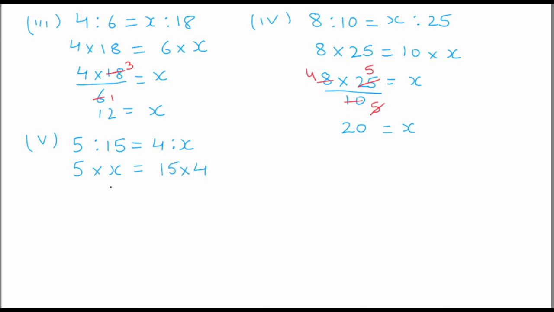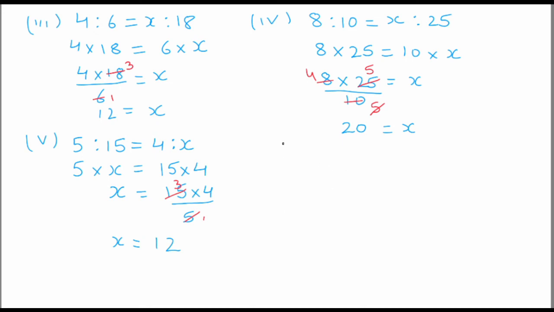Now we'll take this 5 to the right hand side. And the cutting will be 5 ones are 5, 5 threes are 15. And the value of x will be 3 fours are 12.